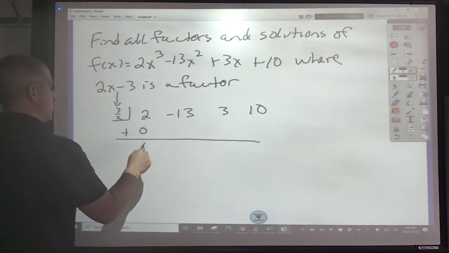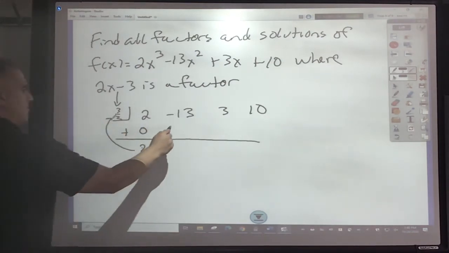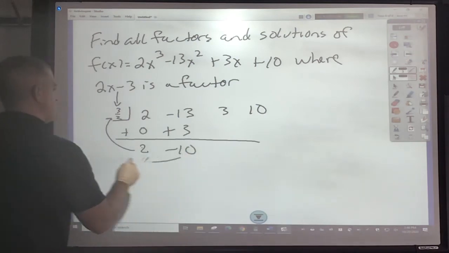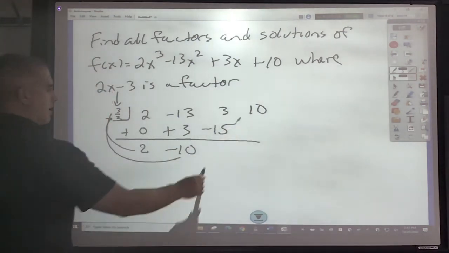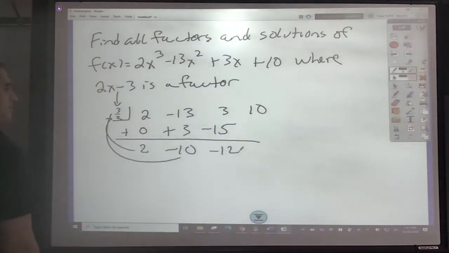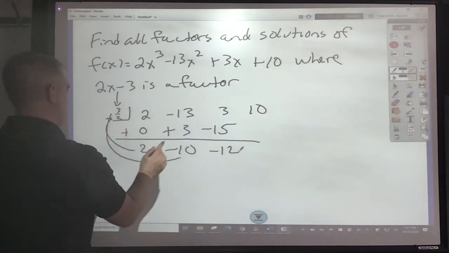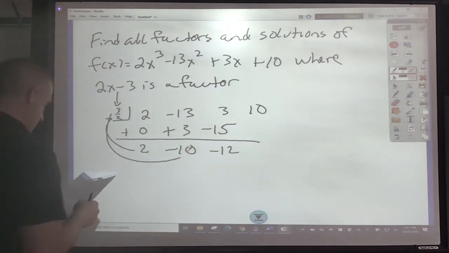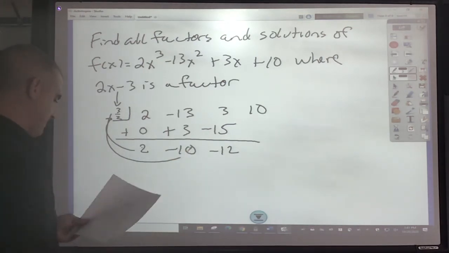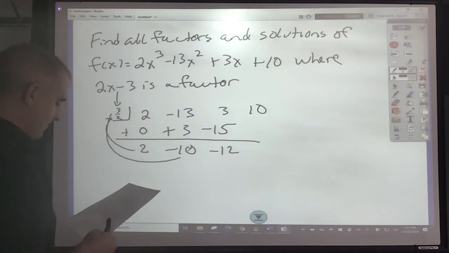2 plus that is that, multiplied times that would be 3. That'd give me negative 10. Take that, multiply in there, would give me negative 15, which would give me negative 12. Times 2 would be 3, negative 10. Hold on one second, sorry.